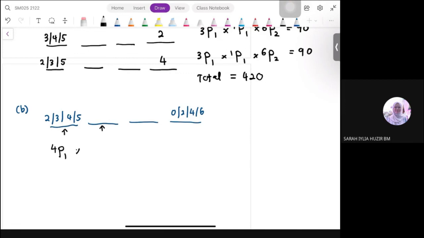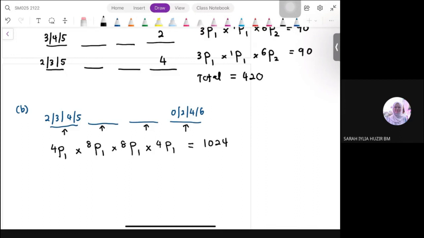So, altogether, we have 8 different option we can arrange on this space. So, 8P1. Same thing for the third space, it's still 8P1 because we still have 8 different options. And then times with, for our last digit, last space, we only have 4 options there. So times with 4P1. Here, our answer would be 1024.